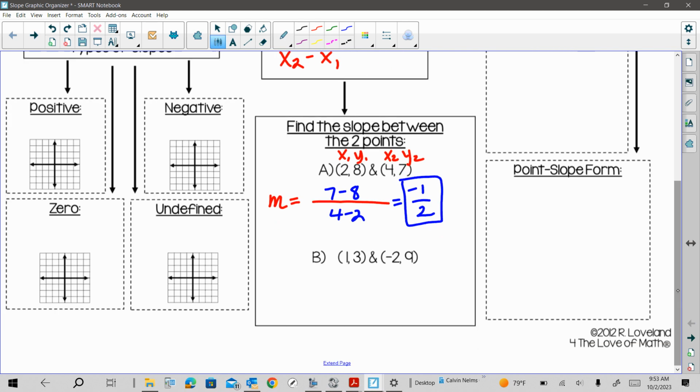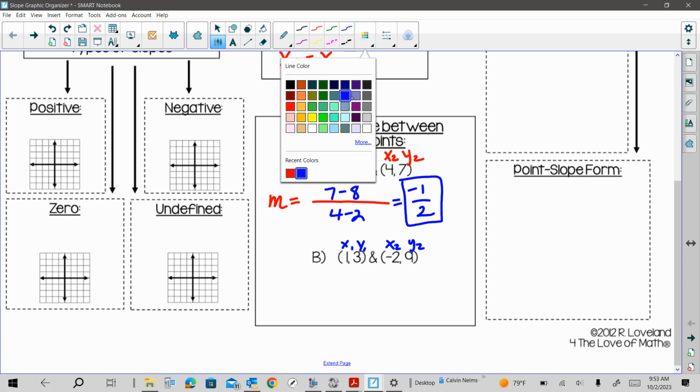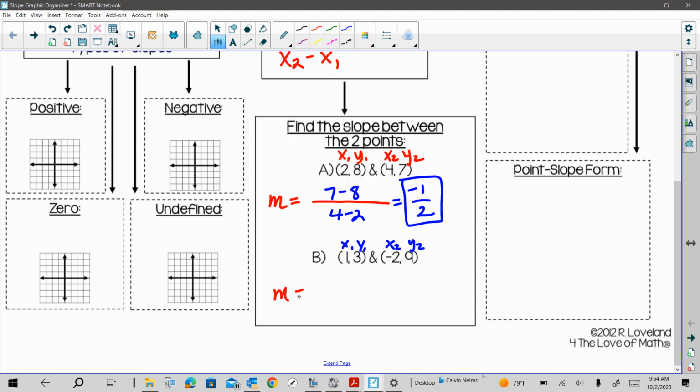Let's check your understanding. If you need to label the points, you can. I'll put the x1, y1. It's always x1 and y1. Then x2, y2. I'm just going to plug it into the formula. So hopefully 9 minus 3 is on top. Negative 2 minus 1.